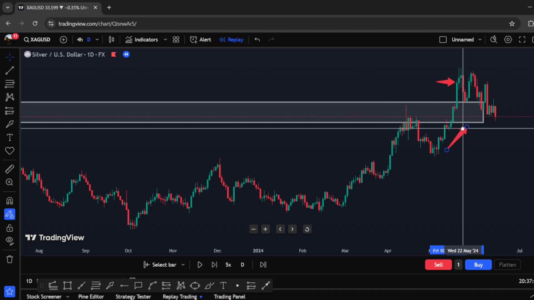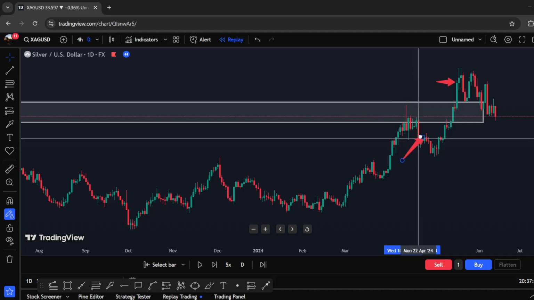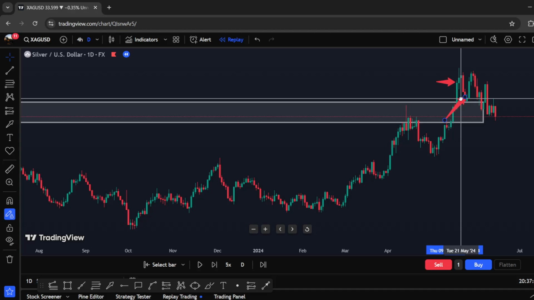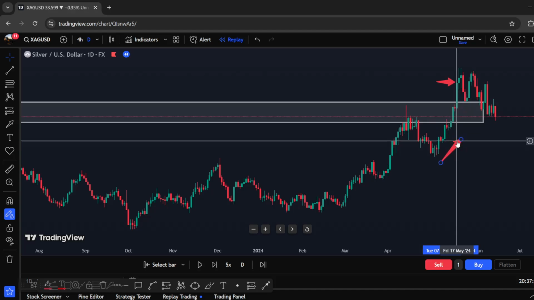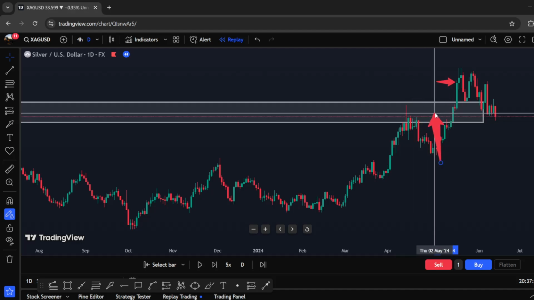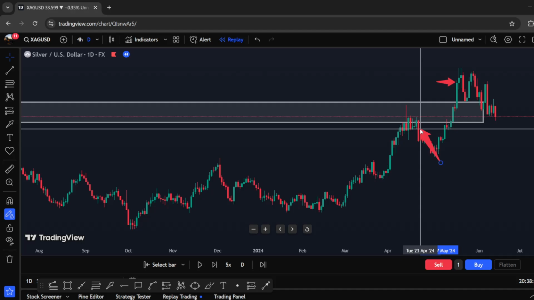Like I previously said in my previous videos, no matter what strategy you use, we have three types of traders. The breakout trader is one of them, the retracement trader is another, and the level trader is the third type, people selling this level, selling the bounces.